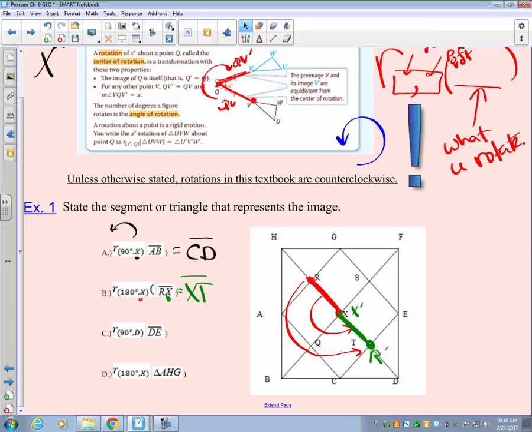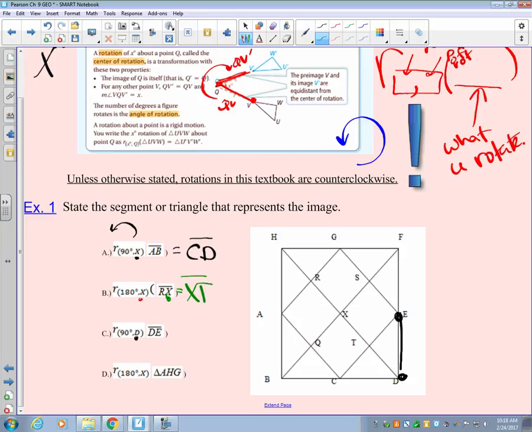Alrighty, everybody feel okay with that? I'm going to erase this again. Different point of rotation now, we have D. So let's find D on our graph. It's this bottom right corner. And we're going to rotate DE, so that's this line here, 90 degrees about point D. So 90 degrees is a little right angle.